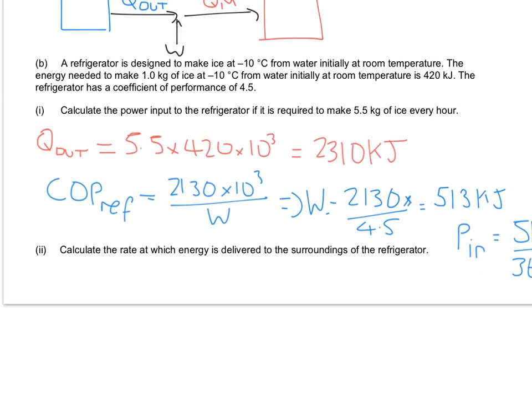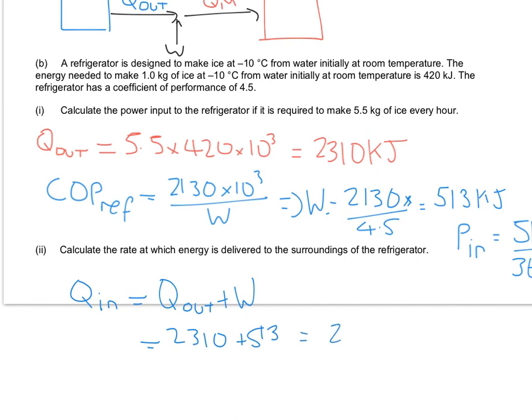So I want to calculate the rate at which energy is delivered to the surroundings. Your energy delivered to your surroundings is going to be the energy removed plus the work done. That's going to be 2310 plus 513.